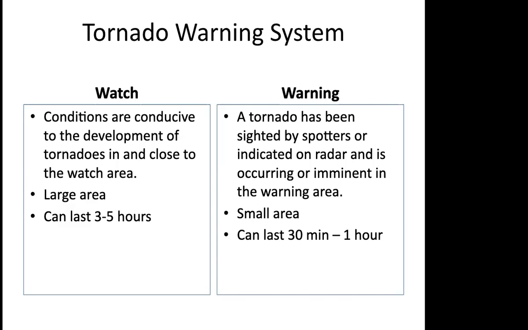A warning, on the other hand, means that a tornado has been sighted by spotters or it's indicated on radar and is occurring or imminent in the warning area. So this happens in a smaller area and lasts 30 minutes to an hour.